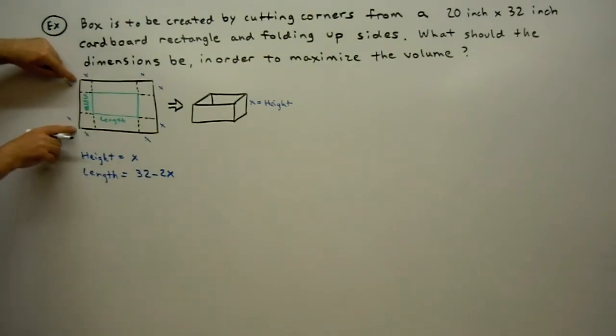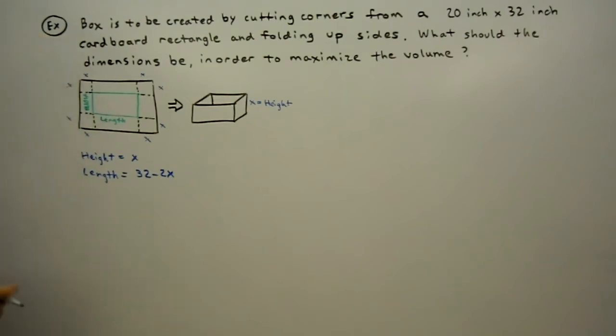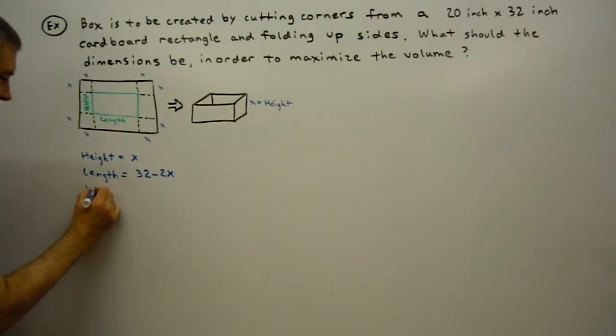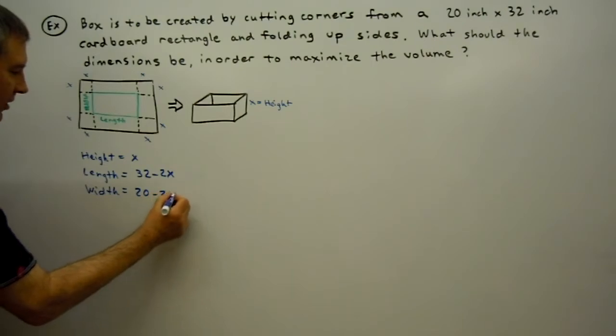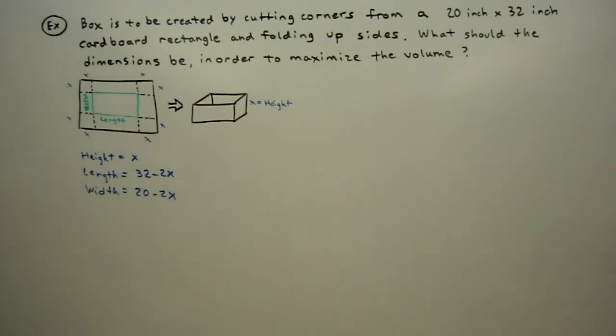The width, similarly, had an original length of 20 inches, but if we cut away a length of x twice from both corners, the inner width that we're going to be left with is going to be 20 minus 2x. And therefore, the volume of the box is going to be length times width times height.